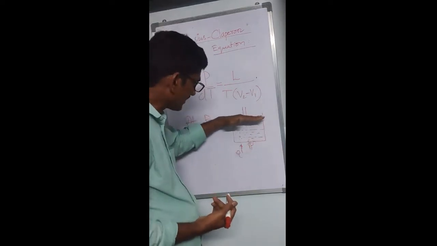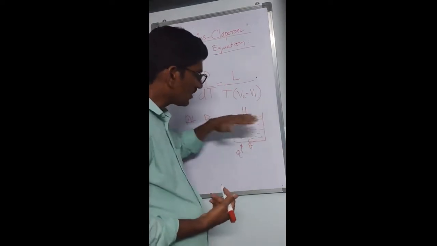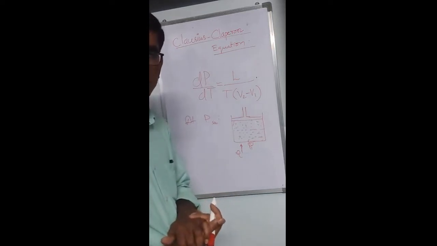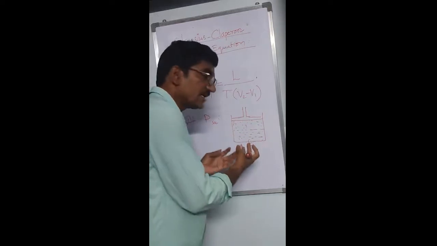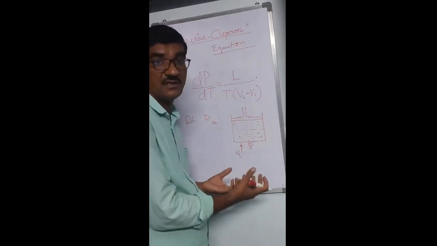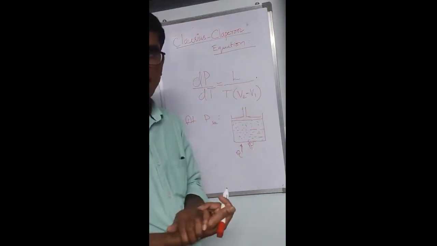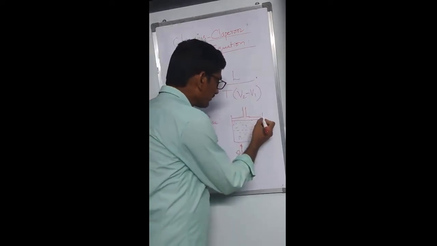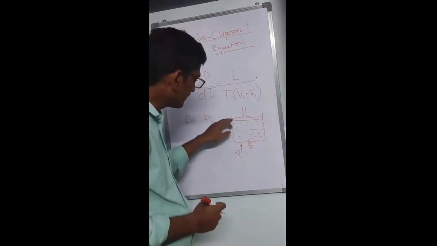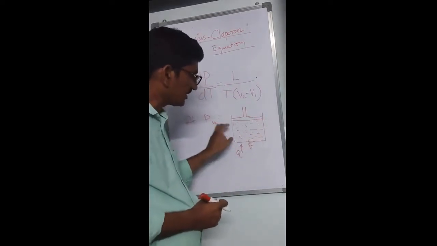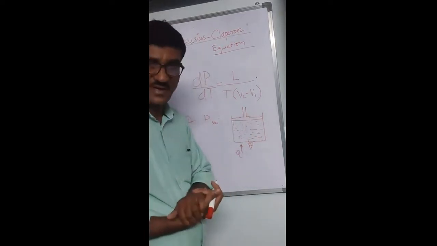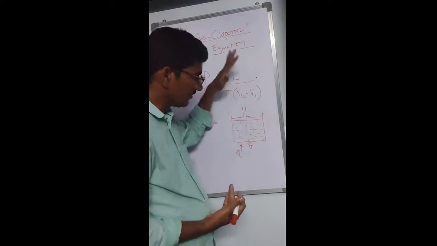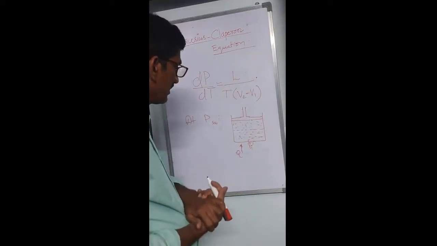If your piston is at the water level, as you go on heating, the vapor pushes this piston. So here you will see a larger volume inside the vessel now.